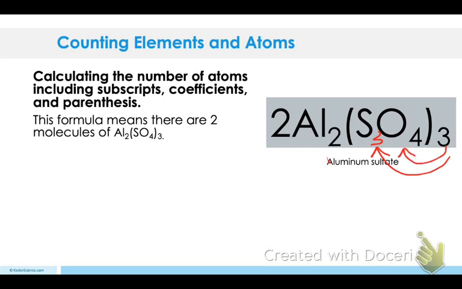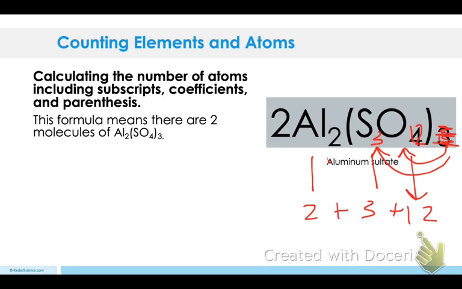And then for that oxygen there's 4, so now there's 12. Alright, so now that I distributed that 3, so the parentheses, I see here that I have 2 aluminum, 3 sulfurs, and 12 oxygens.